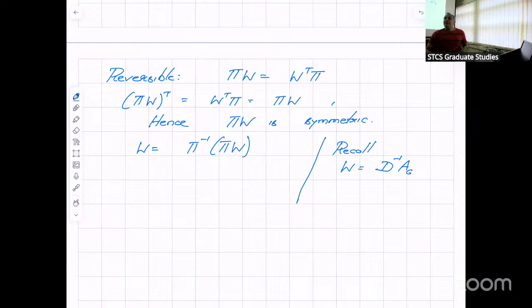This says that if a walk is reversible, there is an underlying undirected graph corresponding to it. Basically, the walk being reversible tells you going from U to V or V to U is the same thing. Therefore, there's an undirected graph. So reversible random walks are exactly random walks on undirected weighted graphs.